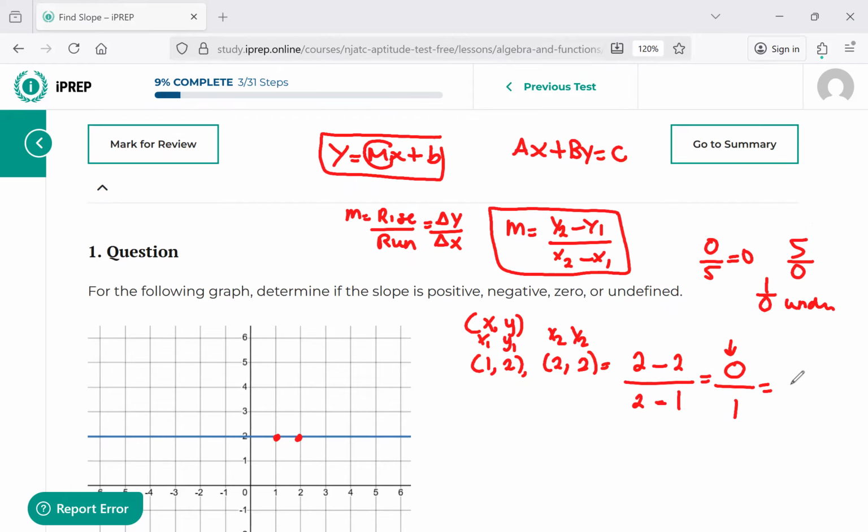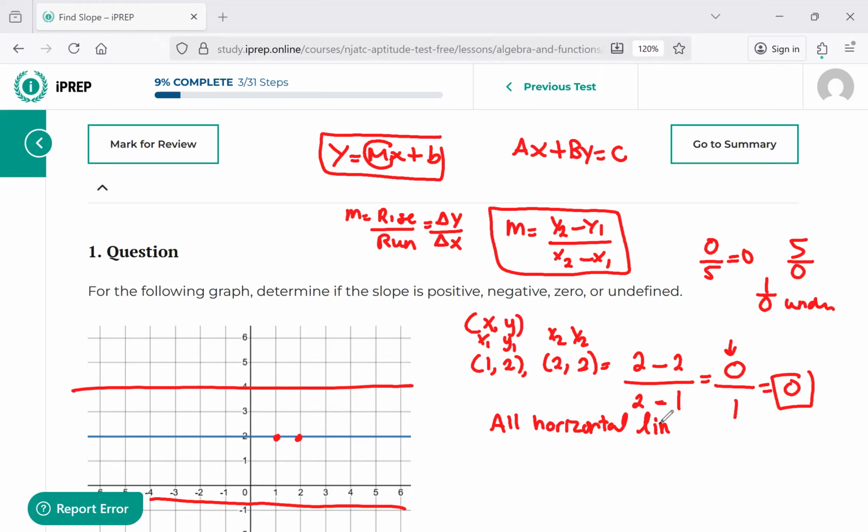So now you know that for all horizontal lines, it doesn't matter if it's up here or in the negative, if it's a completely horizontal line, the slope will always be 0. So keep that in note: horizontal lines, which are technically linear as well, have a slope of 0.